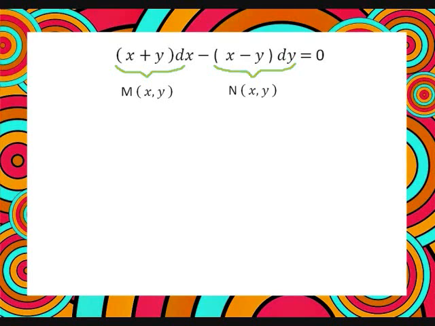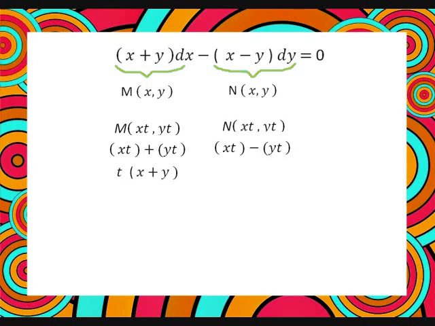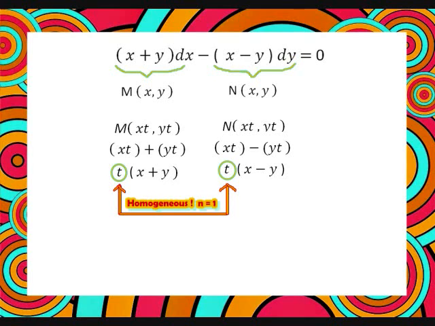To verify if the equation is really homogeneous, what we do is multiply each variable in the given equation by a variable t. And to say that it is homogeneous, M(x,y) and N(x,y) should be functions of the same degree n, in this case 1.